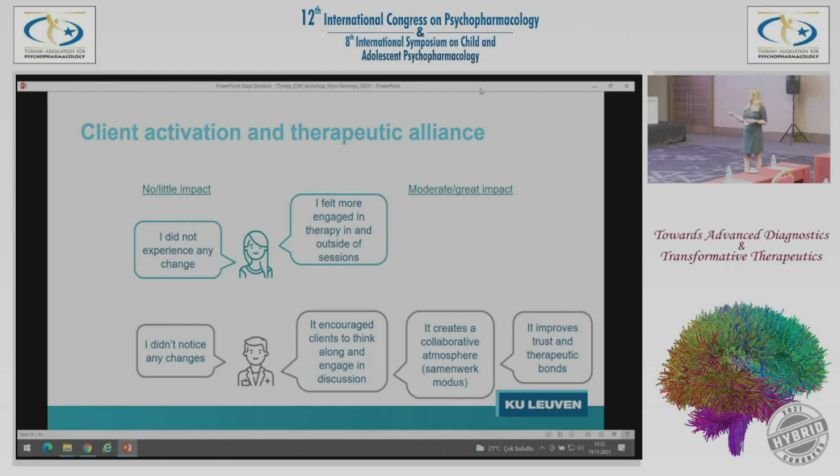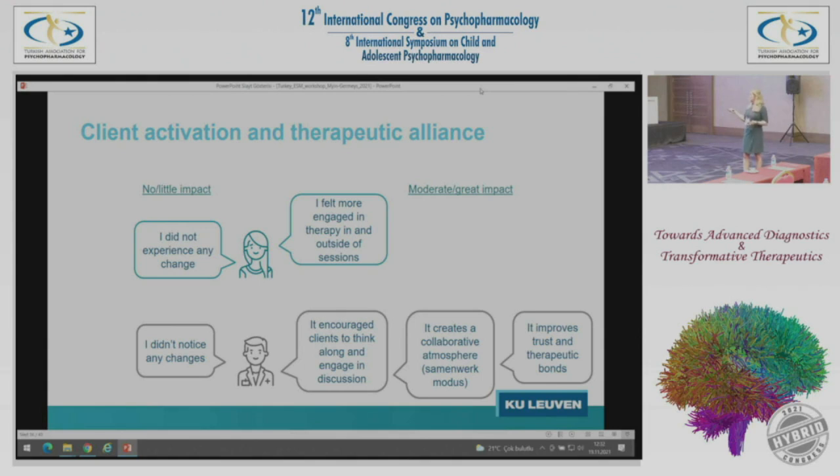From the clinician perspective, some said in terms of client activation and therapeutic alliance, I didn't notice any changes. But there were also some that felt that it had moderate and great impact. So some said it encouraged clients to think along and engage in discussion. So you have much more a conversation rather than a one-way monologue.